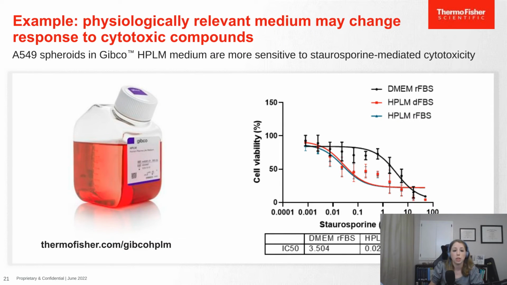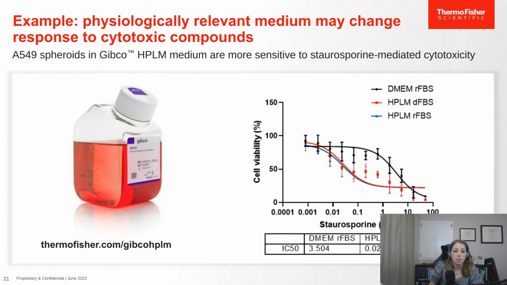One tool that is very exciting to accomplish this is human plasma-like medium, or HPLM. HPLM was modeled after human plasma and therefore is more physiologically relevant than traditional cell culture medium. For instance, regarding the glucose, which was so critical to the Warburg effect, HPLM has about a third of the concentration of glucose of other traditional media formulations.